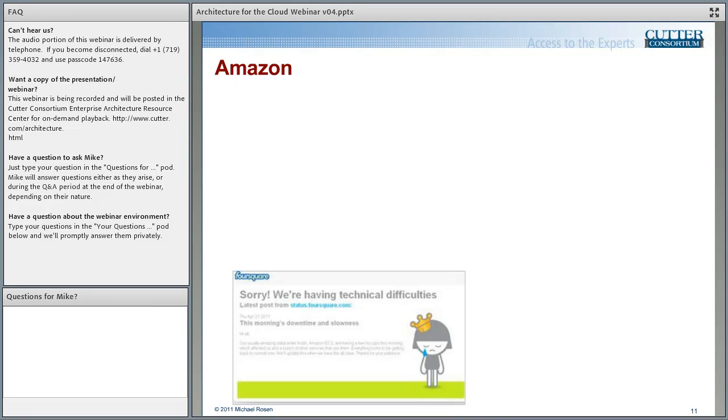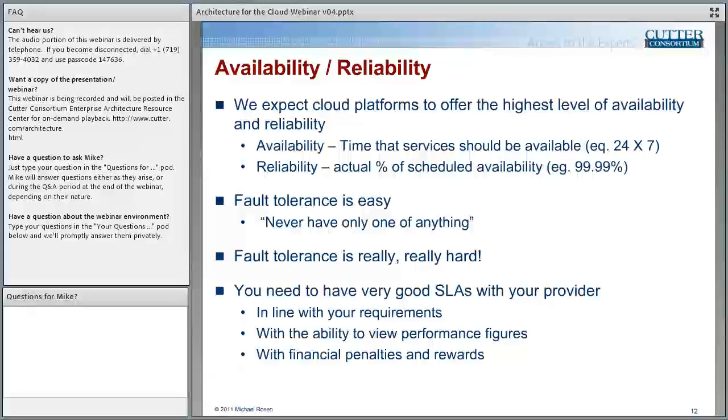Why would I move my stuff to the cloud if I couldn't count on Amazon to have their own disaster recovery? I'm just dumbfounded by that statement, but certainly this is an issue that we need to be aware of.